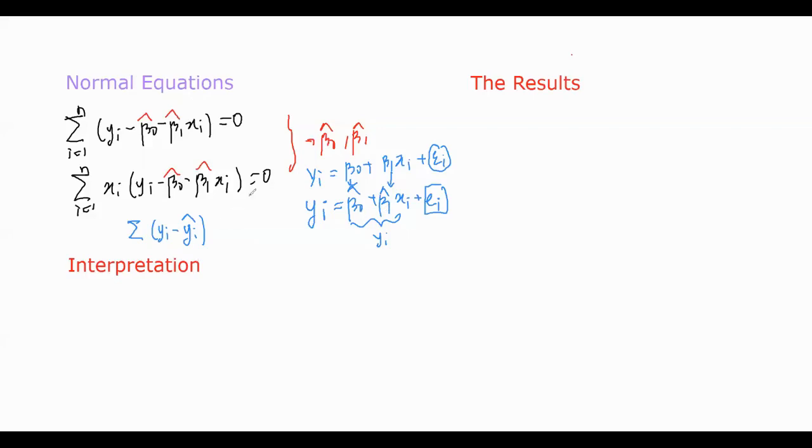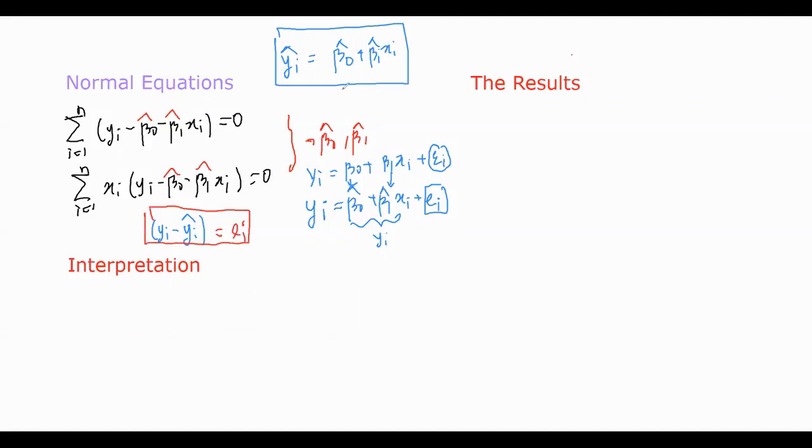So let's call this yi hat to be beta naught hat plus beta 1 hat xi, and we have this yi. Let's call this one ei, the residual. These are called the residuals.